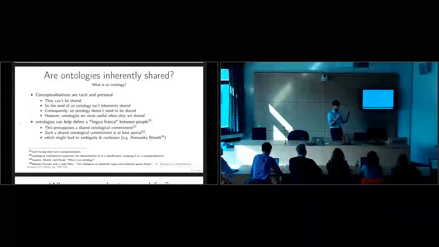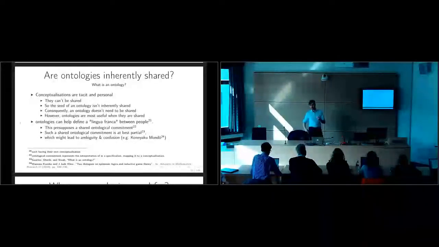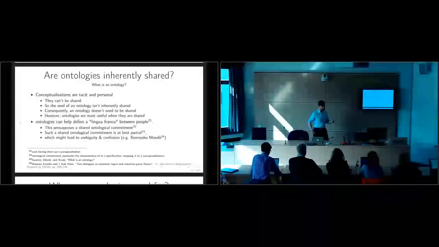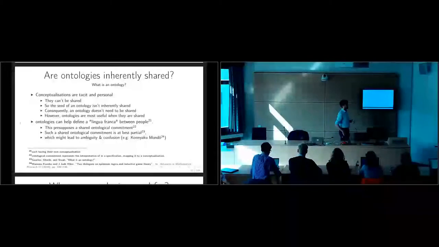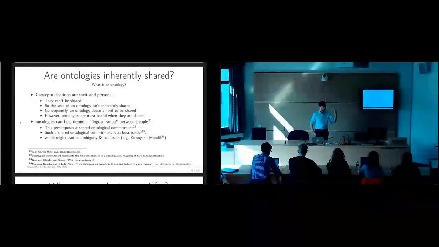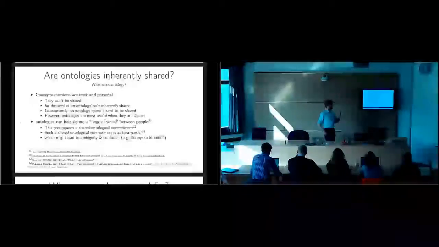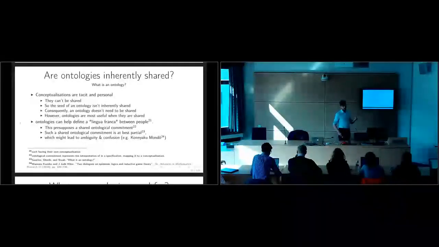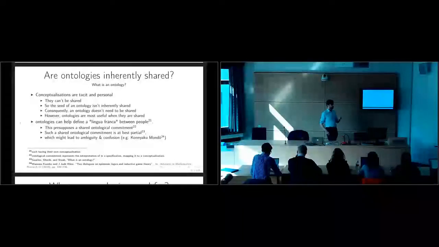So you have a language. In that language we have words, we have symbols, and each of us has to understand those concepts, those words. That is establishing ontological commitment, and ontologies become useful when this is shared.